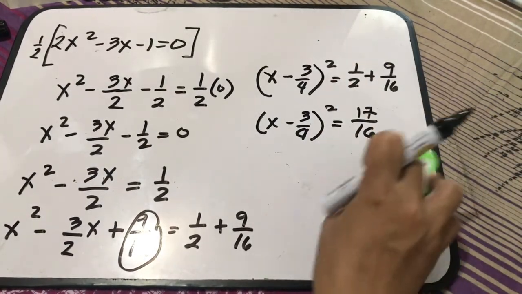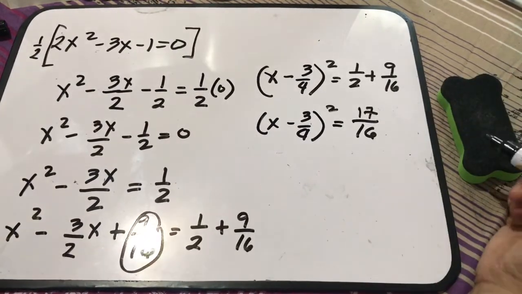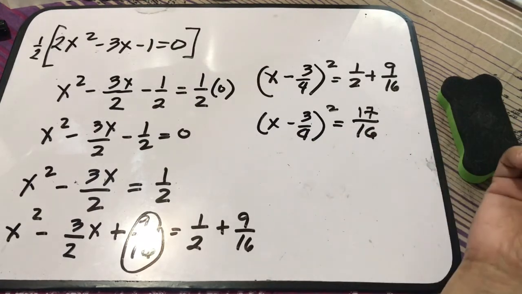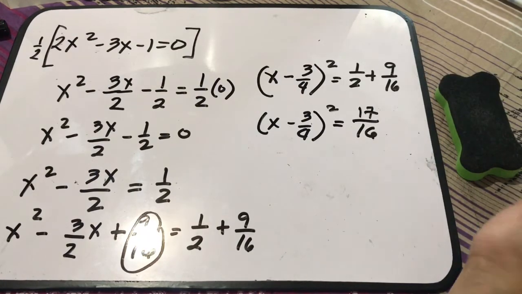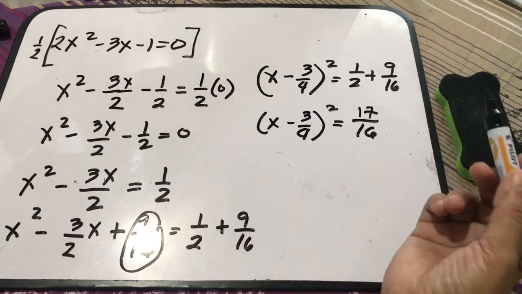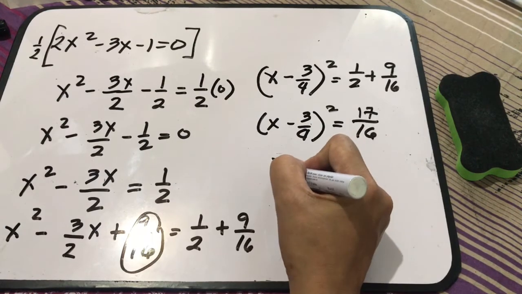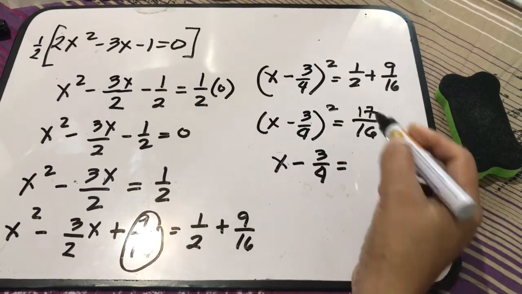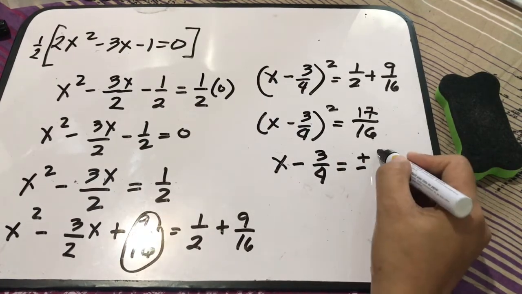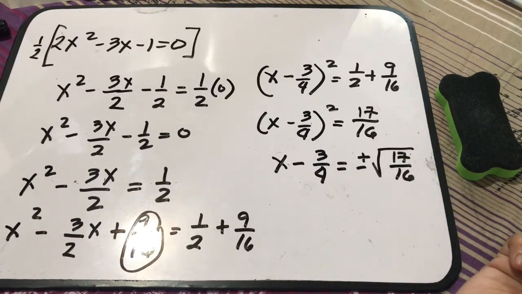Again, we're not done yet. So, this is in the form of x minus h quantity squared equals k, right? So, again, we will be using extracting the square root. So, this is x minus 3/4, which is equal to positive and negative square root of 17 over 16.